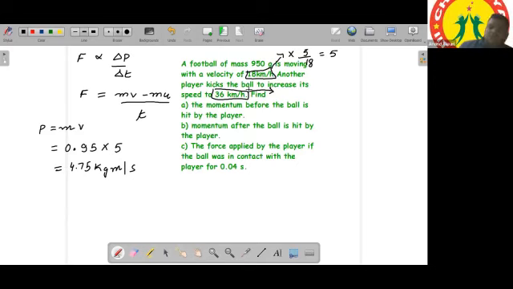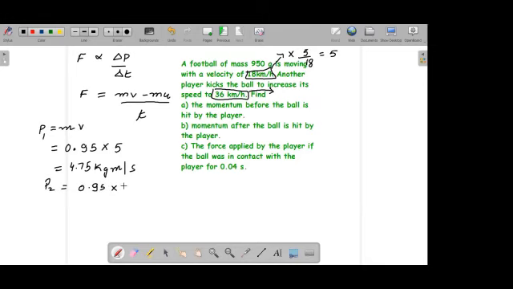Sir, 0.95 kg. So your P2 will be 0.95 multiplied by the velocity. How much are you getting? Sir, I'm getting 10.